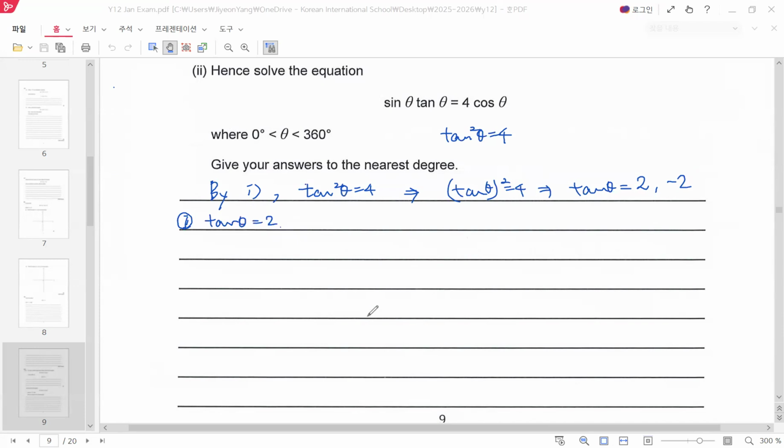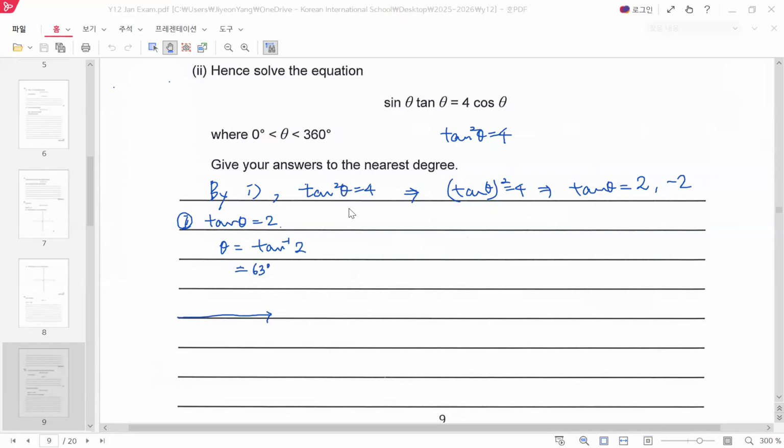Do you understand? So by using your calculator, theta equals tangent inverse 2. Please calculate it. Let me calculate it from my calculator. So it's 63 degrees.